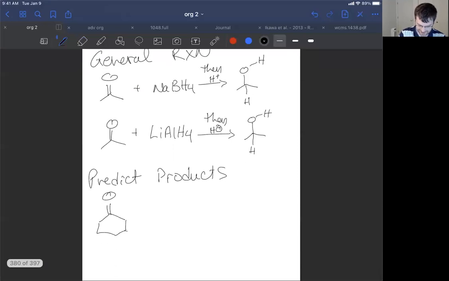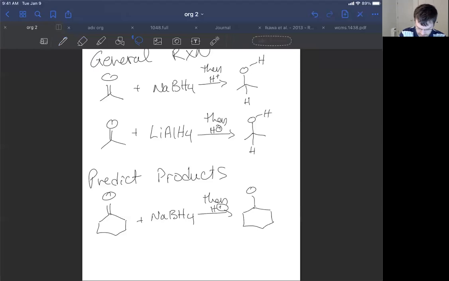Let's just stick with one. If you saw this and you said NaBH4 followed by then H plus, and I try to always write then H plus, you wouldn't really ever, at least for this class, want to stop this. I just about gave away the answer. Here's the situation. We have a question mark here.